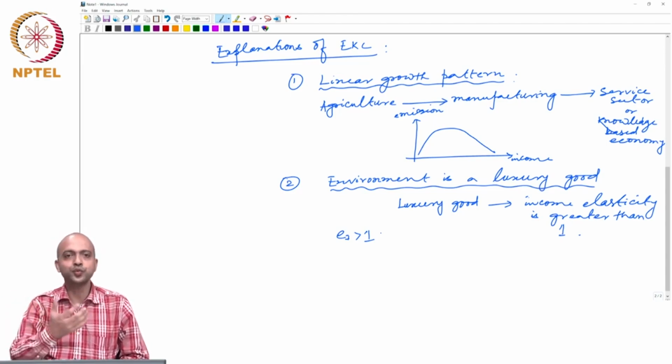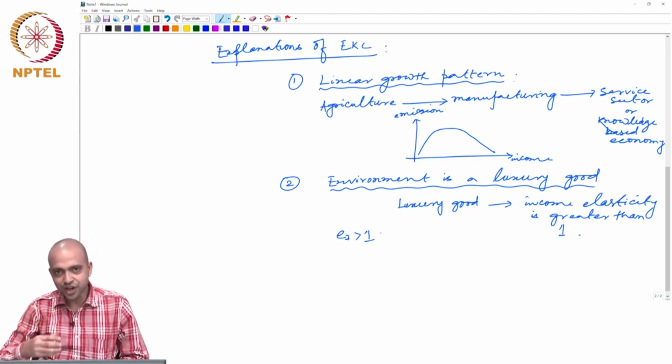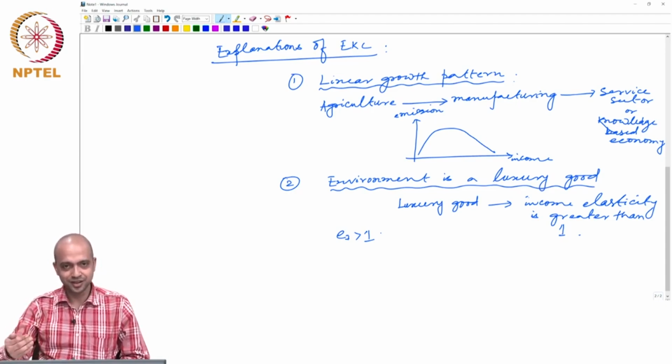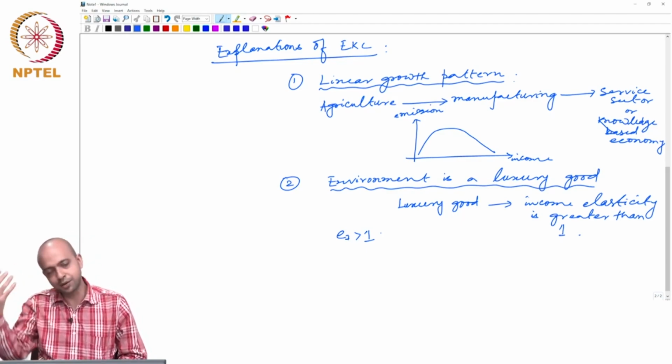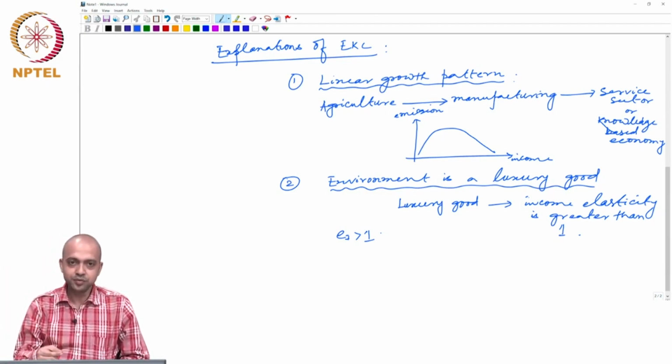And government also brings in stricter environmental regulation. That is the reason at a higher level of income, when individuals, firms and government all start caring about the environment, pollution per capita comes down.